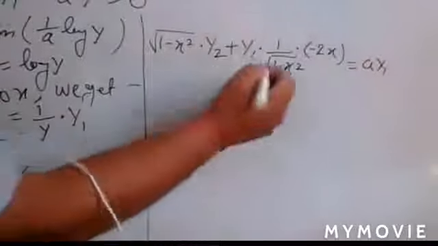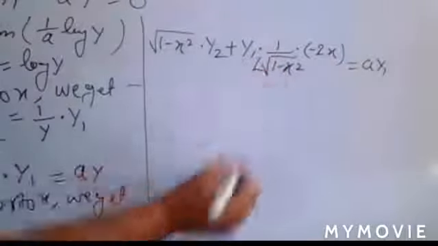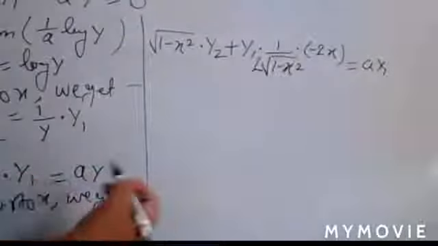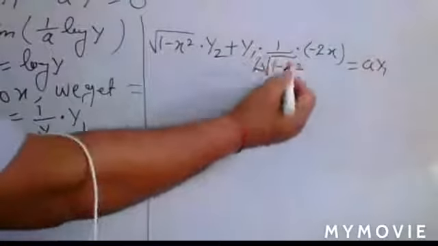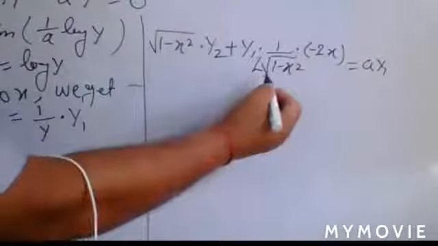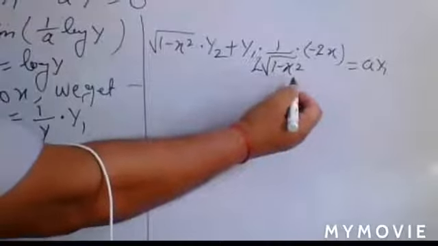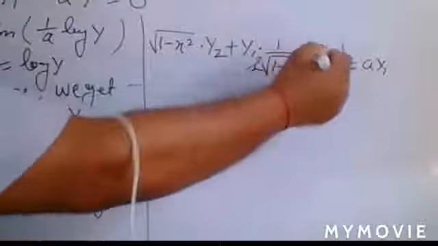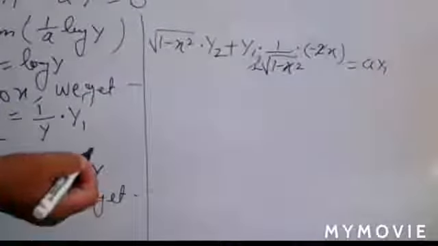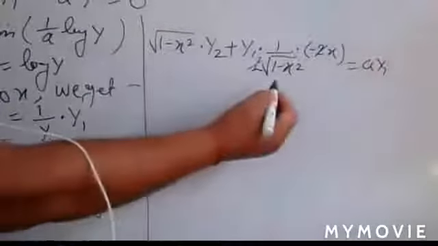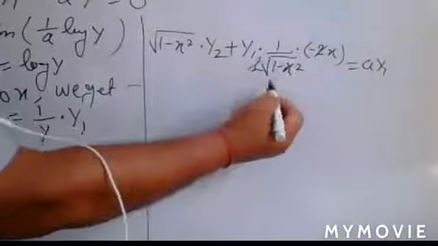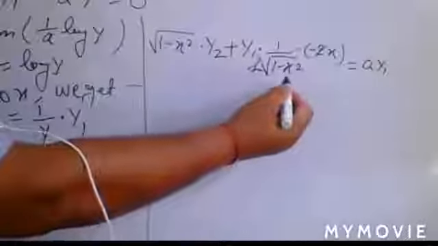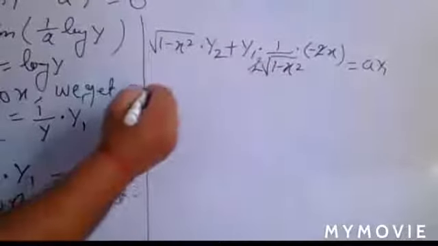Sorry, you write here 2 also. The differentiation of root x is 1 upon 2 root x, so you write minus 1 upon 2 root of 1 minus x square into minus 2x. This 2 and 2 cancel out. Now multiply again by the quantity within the root in the denominator.